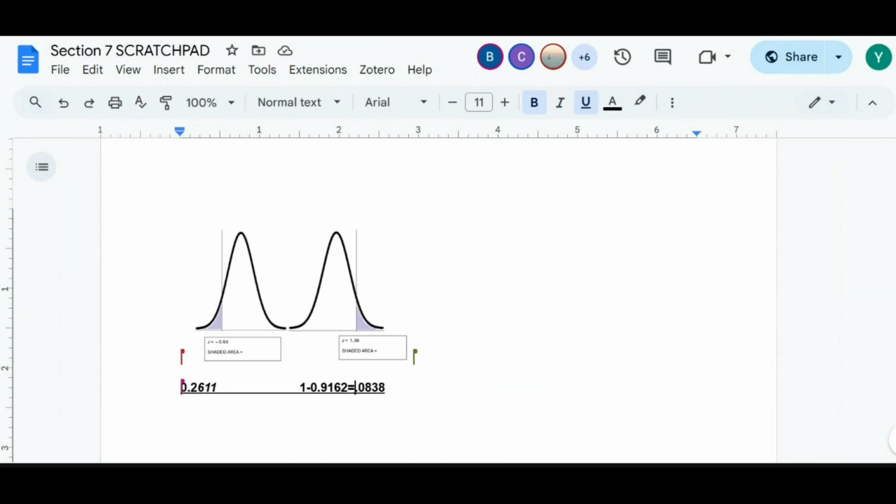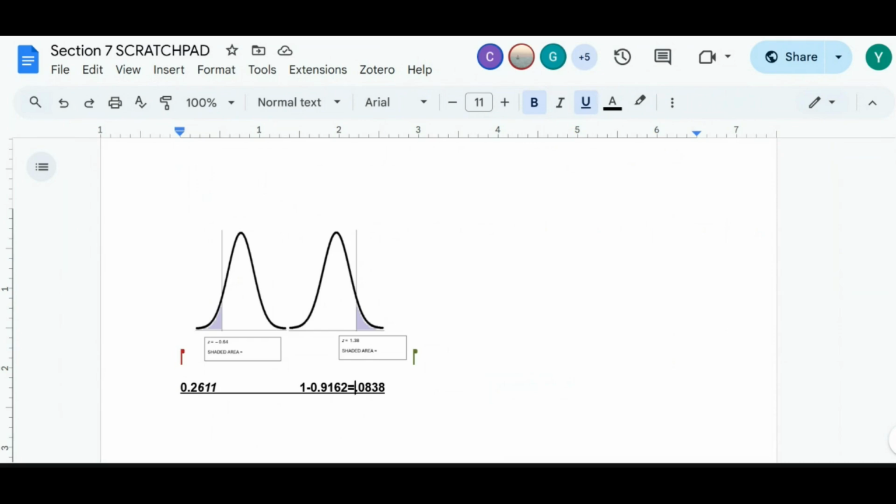I leave it to you what method you want to use. You can also do the 1 minus way, because if you look at 1.38, that gives you the area on this side. We take 1 minus. The whole point is we want areas in the tails.